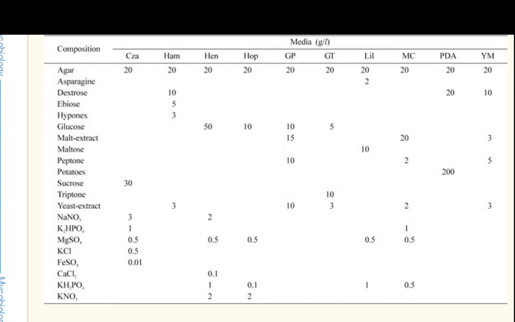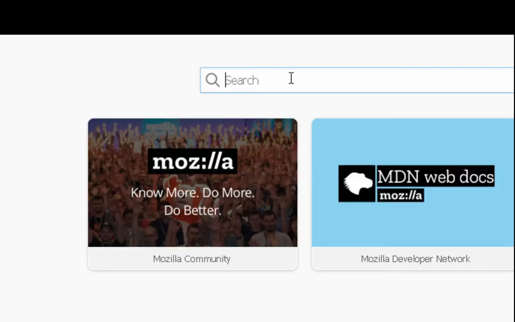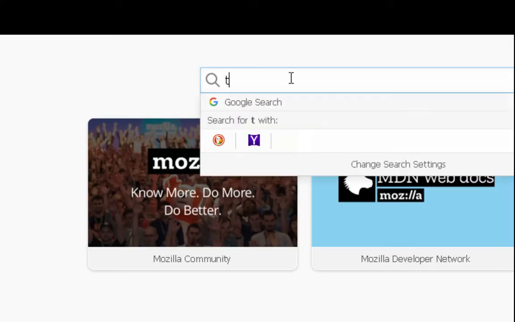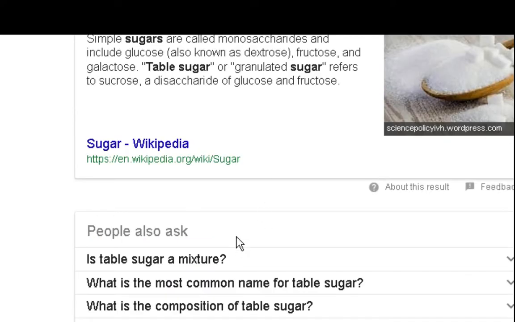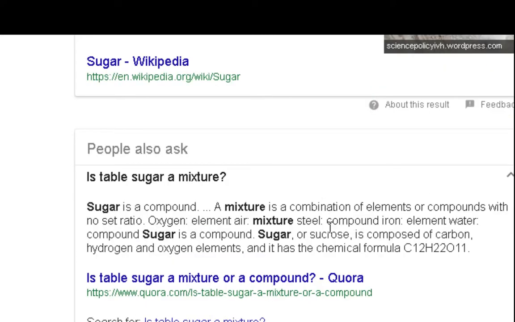Oh gosh, I can't even remember now. Let me see here. I can't see some of this stuff. So table sugar, well, they say also known as dextrose, but glucose and fructose, is table sugar a mixture? Let's see. Sugar is a compound. Sucrose is a composition of carbon, hydrogen, and so on.